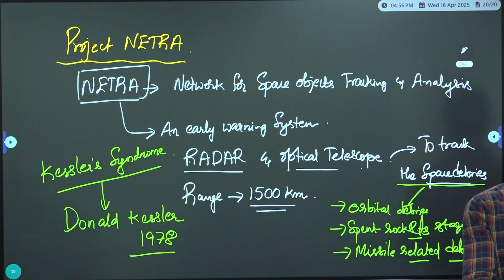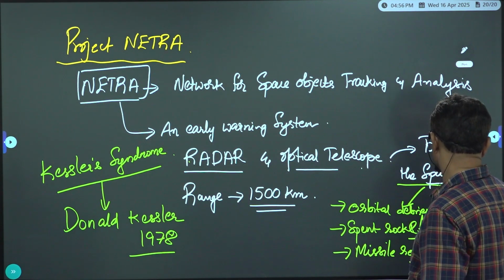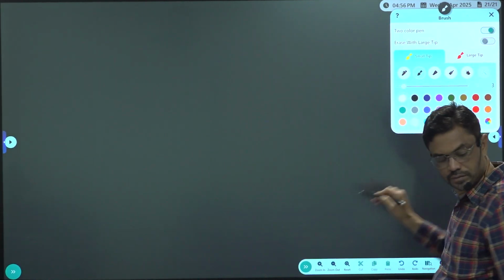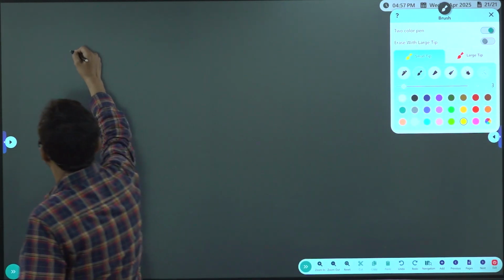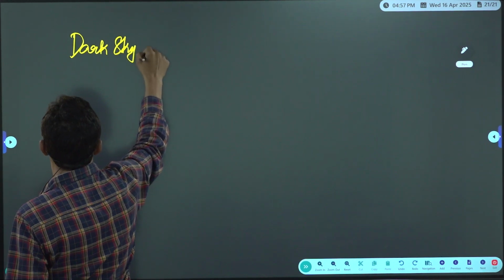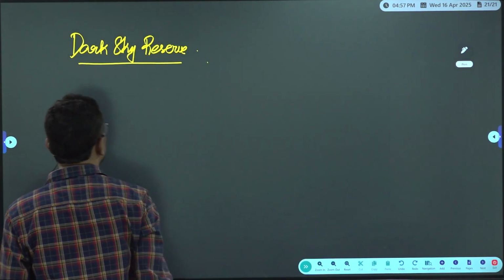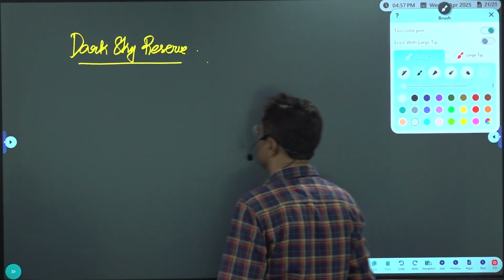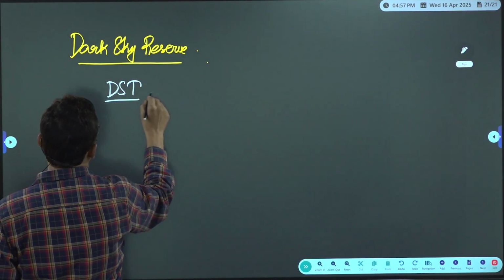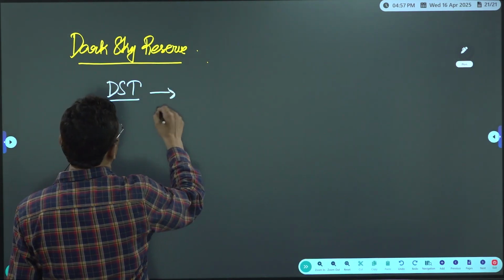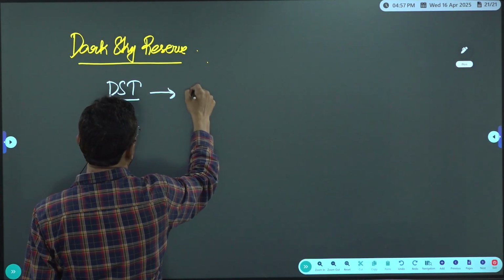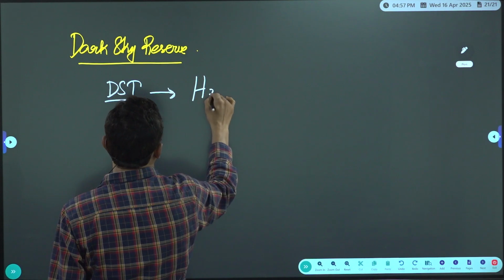Dark sky reserve. Recently, the DST, Department of Science and Technology, has announced India's first dark sky reserve, launched at Hanle, Ladakh.